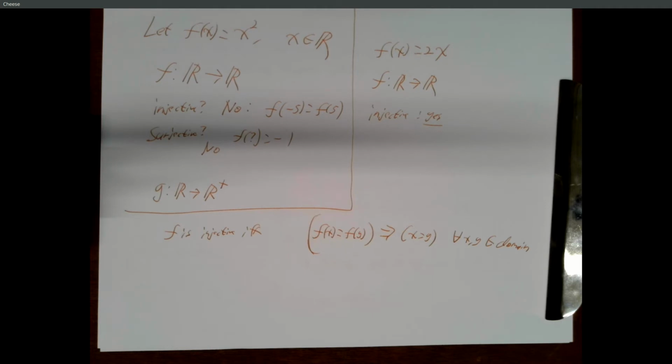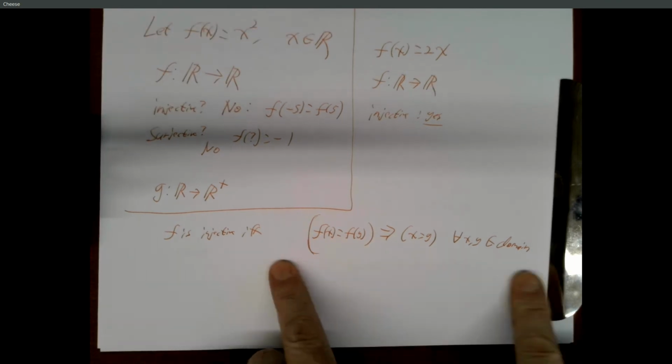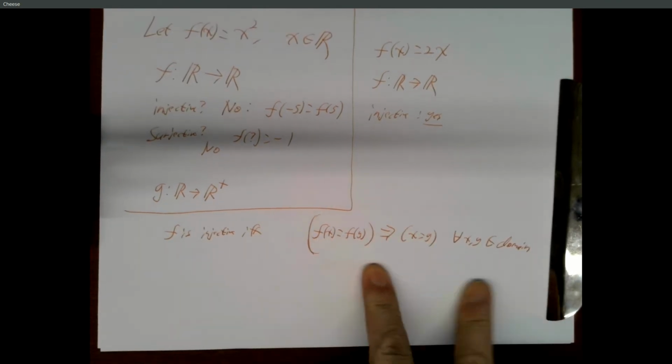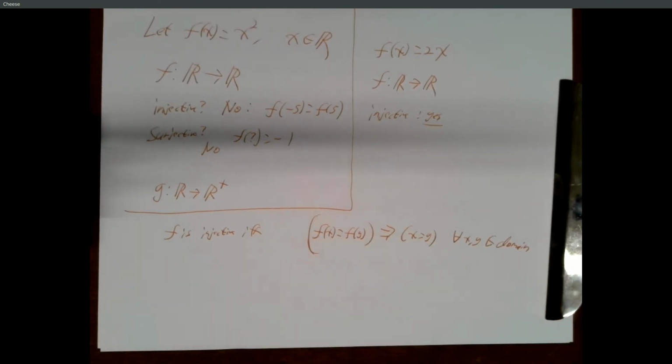So if f of x equals f of y implies that x equals y, always, then we can say that f is injective. And if this condition is true, then we can say f is injective. If f is injective, we can say this condition is true. So it's an if and only if. So this is kind of the power of some of this propositional logic, right? It's like 3 pages of description I've been writing.